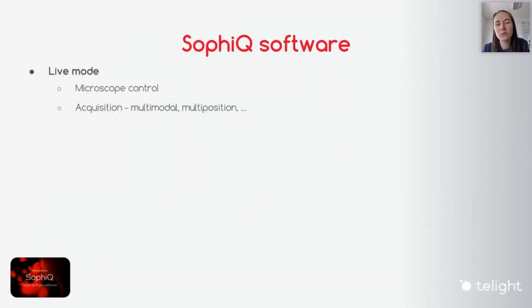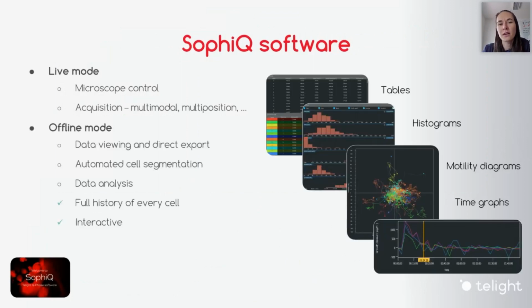And the microscope itself wouldn't be complete without our software. The software is called SophiQ, and in live mode, it controls the microscope and allows the user to set up acquisition, which can be multimodal and multi-position, due to the motorized stage. And in offline mode, it's quite a powerful analytical tool, not only for viewing the data and directly exporting them to videos or images, but also automated cell segmentation is performed in the software, and then the data analysis is conducted.